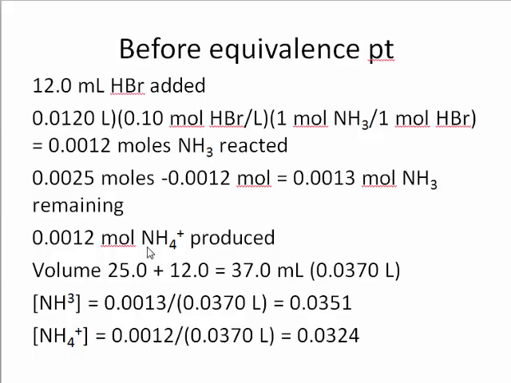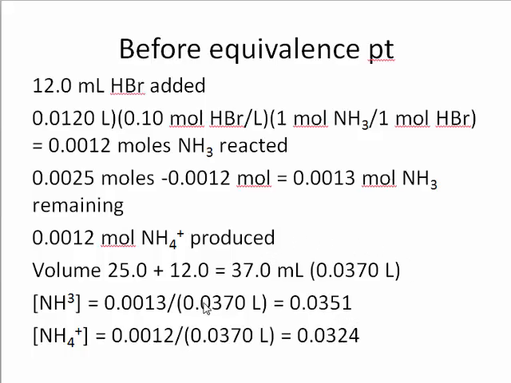Alright, so we don't have a pure ammonia solution, quote unquote. We don't have a pure ammonium solution, quote unquote. We now have a solution partway through the titration where some ammonia and some ammonium exists. Overall the volume, we'll call that 37 milliliters, 0.037 liters.